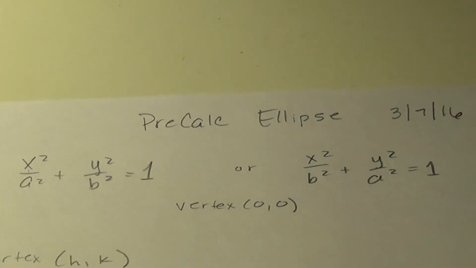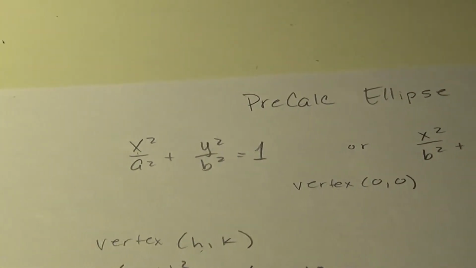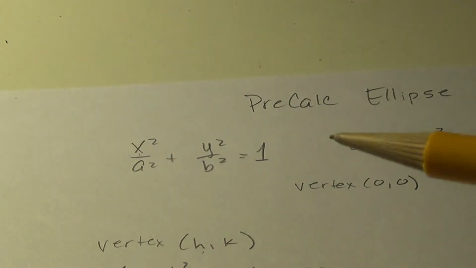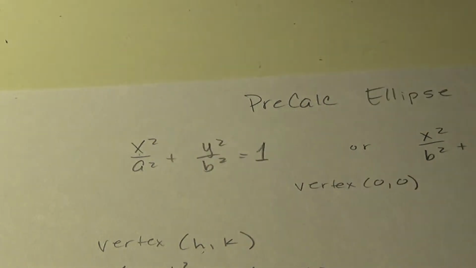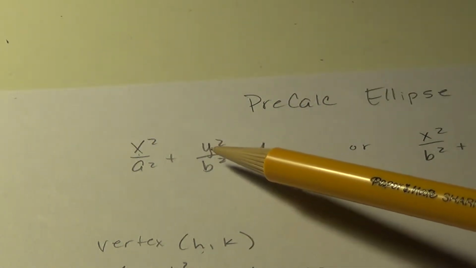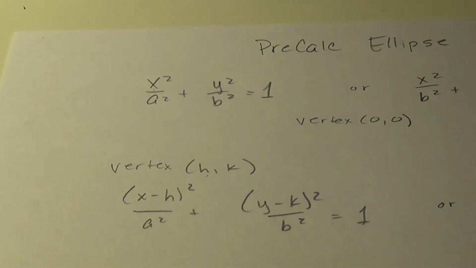So that's old news. Then, if the vertex moves to (h, k), h is paired with the opposite sign with the x value, and k is paired with the opposite sign with the y value. So it looks like that.